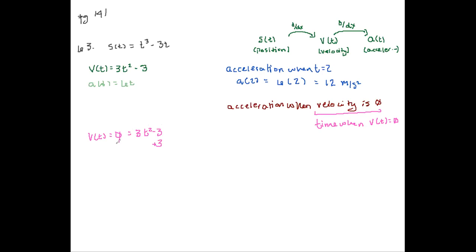We add 3 to both sides. So we end up with 3 is equal to 3t squared. Simplify. 1 is equal to t squared. So t is equal to plus or minus root 1, but root 1 is 1.